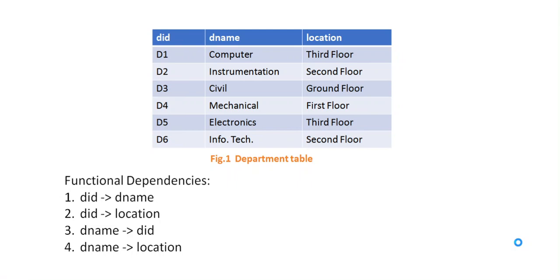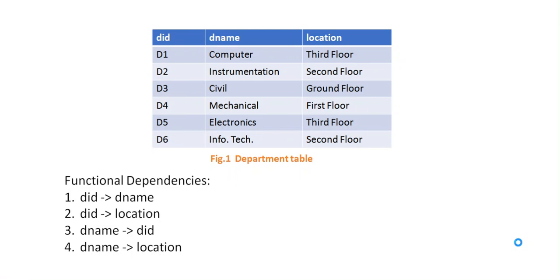Then we have another functional dependency: department name determines location. It means that if any department name is given to you, then you can search for or identify the exact location of that department. For example, if the electronics department name is given to you, then you can say that the electronics department has location 3rd floor.